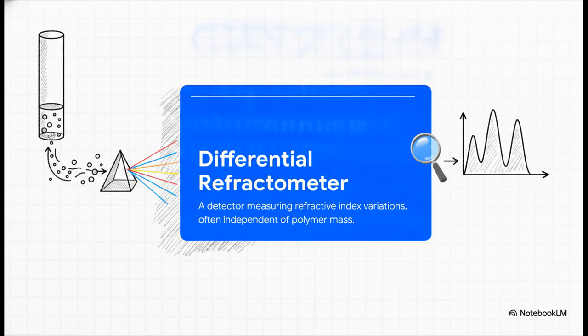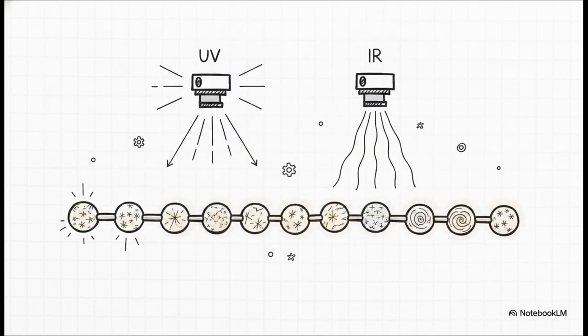And what makes this literally a game changer for SEC is that for polymers, this variation in the refractive index is usually entirely independent of the molecular mass. It provides a super clean, consistent baseline to detect exactly when the different sizes of our polymer have exited the setup.